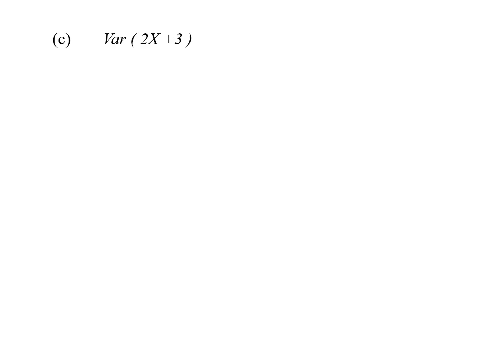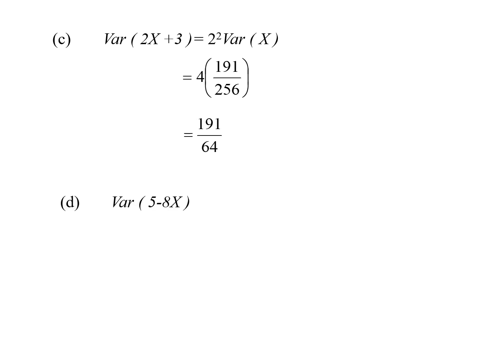Next is to find the variance of 2X plus 3. Using the properties of the variance, it is equal to 2 squared Var(X). So 2 squared equals 4 times the variance of X, 191 over 256. The answer is 191 over 64.